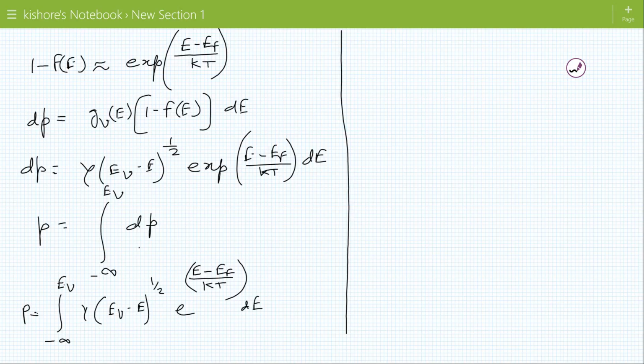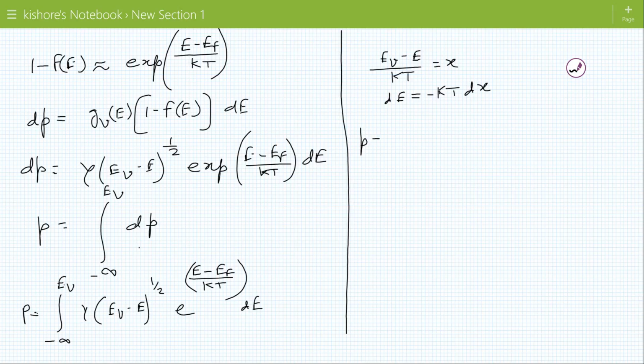Now substituting (EV minus E) by kT as x. So this dE is minus kT dx.